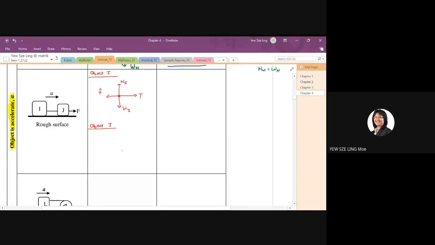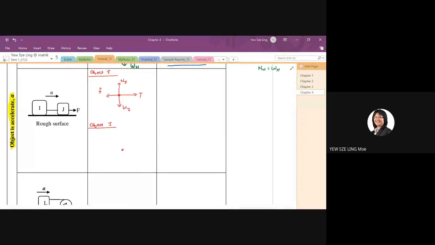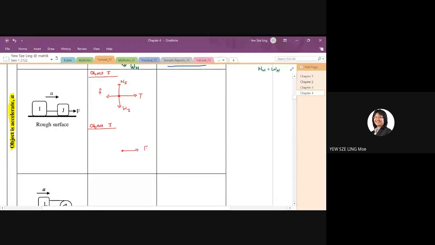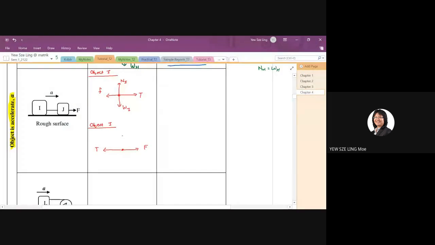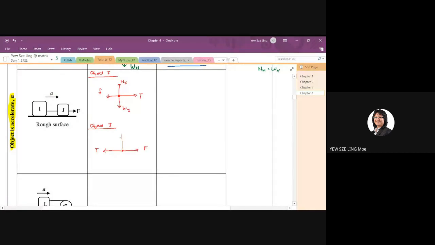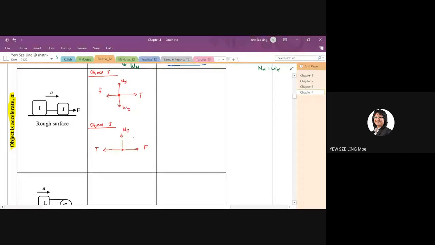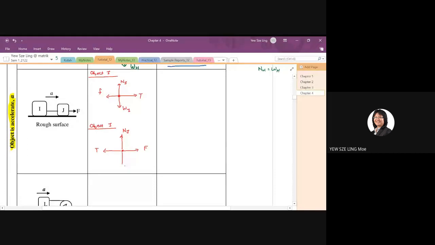And then Maisato gave me object J. This is a F, a force, and then this is a T. This one should be NJ, not N2. And then this is a WJ. So yeah, that is good. This is a correct free body diagram.